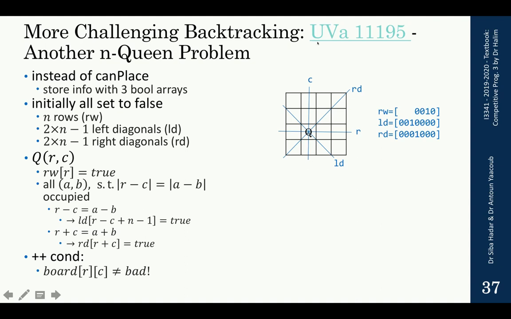We are proceeding by column, okay? Each time in a column we occupied a row, we hold the row number and said that it is already occupied.